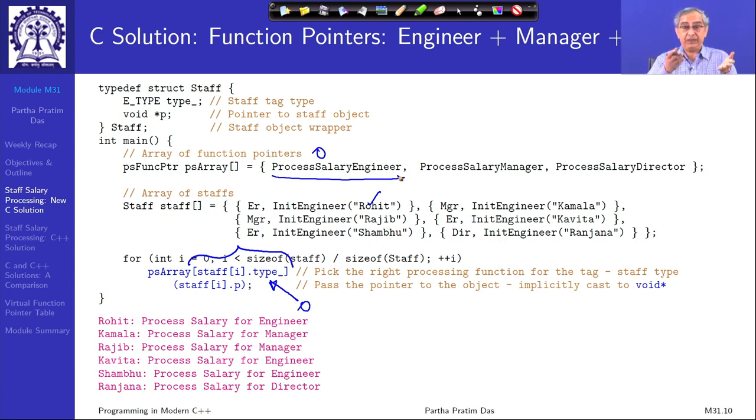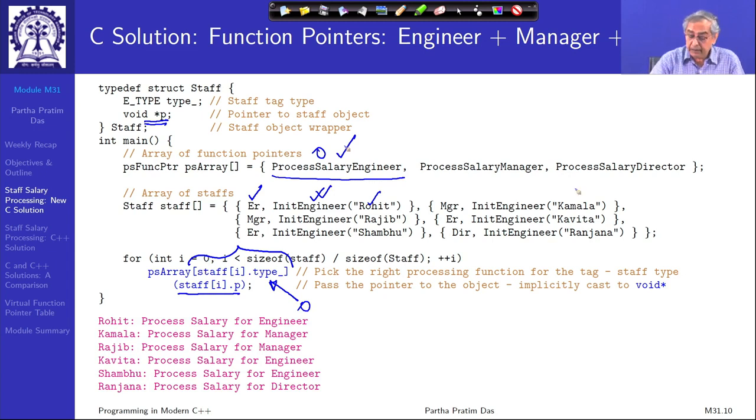I will have to pass it a pointer to the particular staff record, that is a pointer to this engineer Rohit, which is this void star pointer P. So, I do staff I dot P. At that function pointer I pass staff 0 dot P, which is the pointer to Rohit's record, which internally gets cast to the engineer, because I have this engineer tag, and the engineer processing function has been invoked and the processing is done.